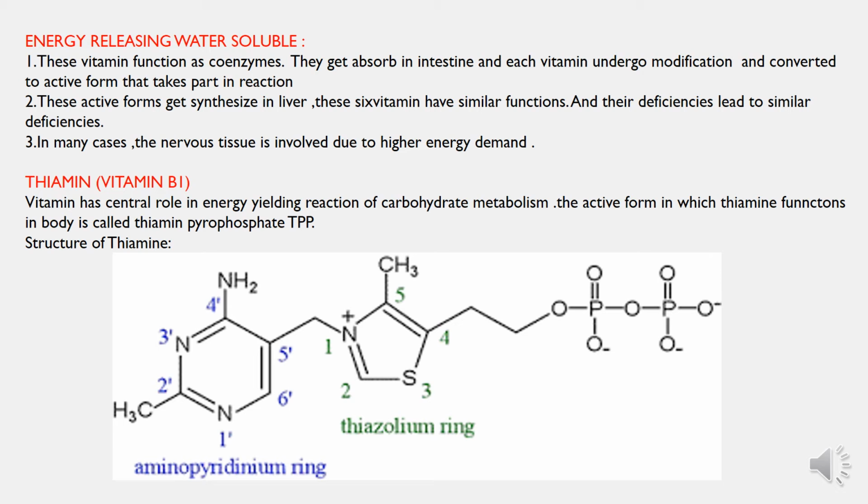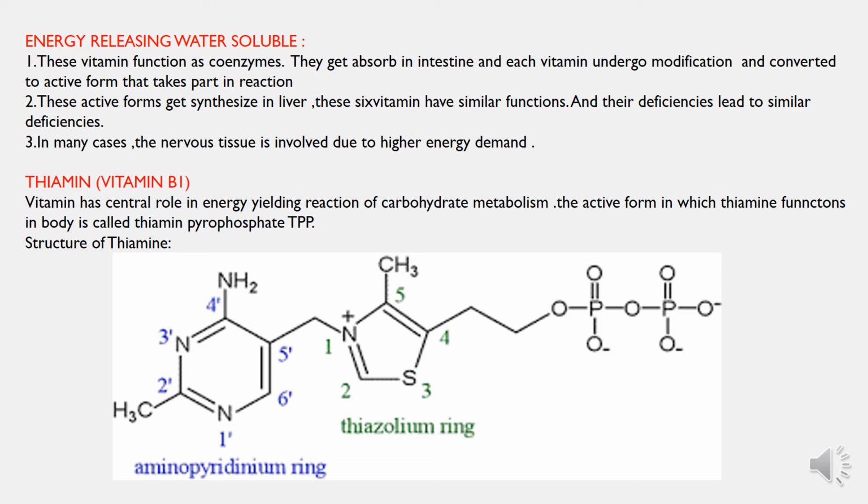These active forms get synthesized in the liver. These vitamins have similar functions and their deficiencies lead to similar symptoms. In many cases, the nervous tissue is involved due to higher energy demand.